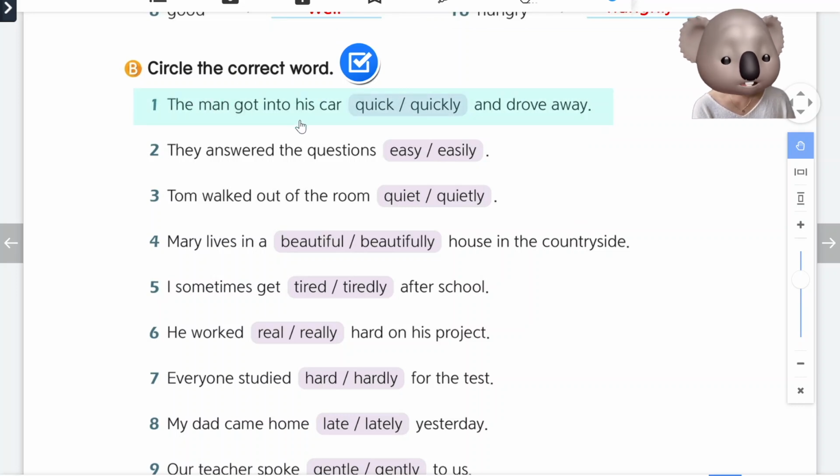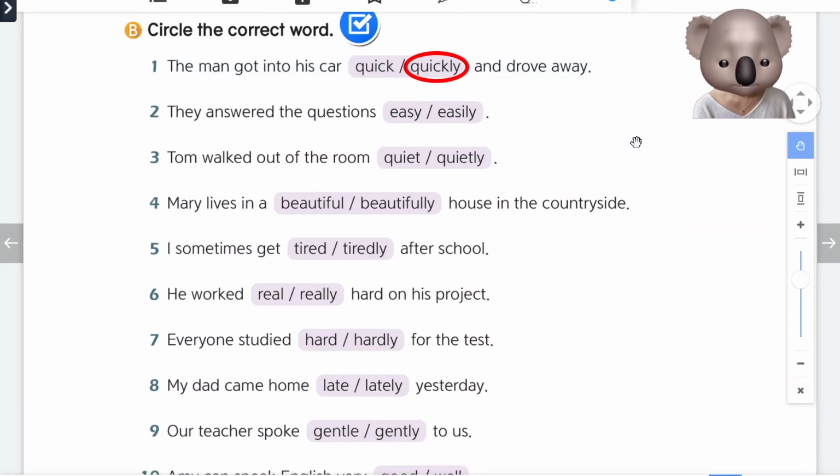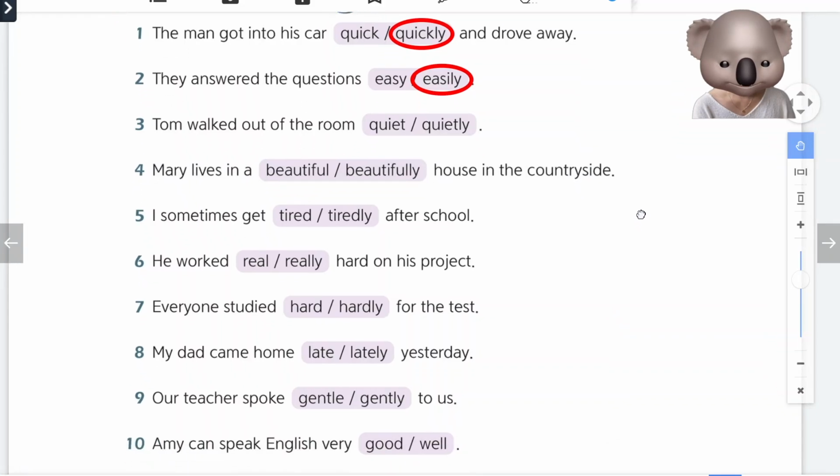In part B, we need to circle the correct word. The man got into his car quick 또는 quickly and drove away. 어떻게? 빠르게. So we know we need to use an adverb. adverb는 ly가 있죠? quickly. Number 2, they answered the questions 쉽게. easily.